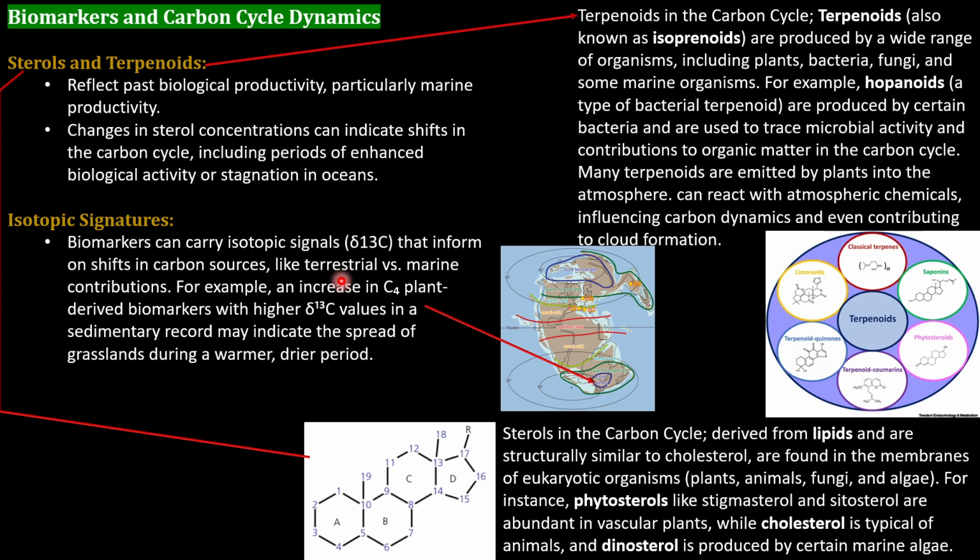For example, biomarker and isotopic analysis, such as the shift from C3 plants to C4 plants in Cretaceous strata, can be studied from the biomarker.